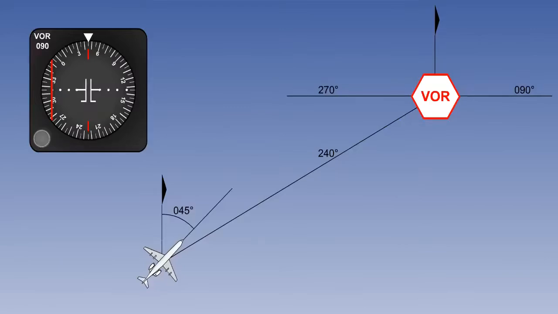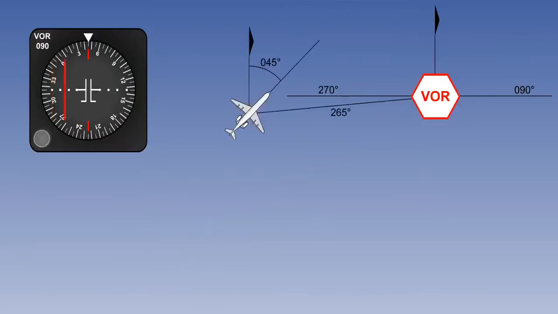The deviation bar will be deflected in full, as the 090 radial is more than 10 degrees from his current position, on the 240 radial. When he comes within 10 degrees of the 270 radial, the deviation bar will start to move towards the centre.